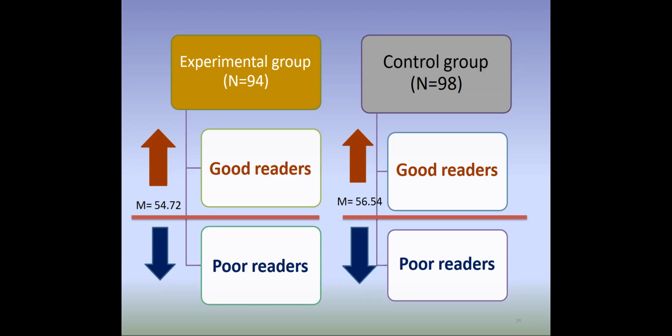They will do a pretest to define them as good readers or poor readers at the beginning. The mean score for the experimental group is 54.72, and the mean for the control group is 56.54.